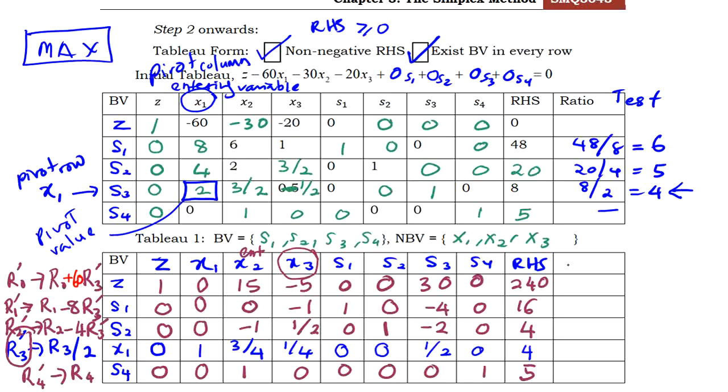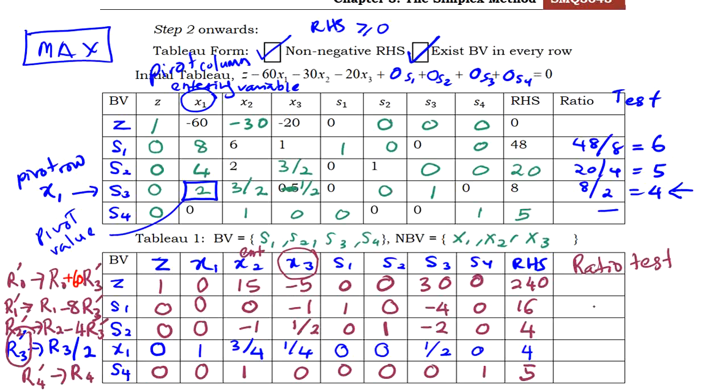So by using the ratio test, we need to identify the leaving variable. Okay, so ratio test: 16 over negative 1.